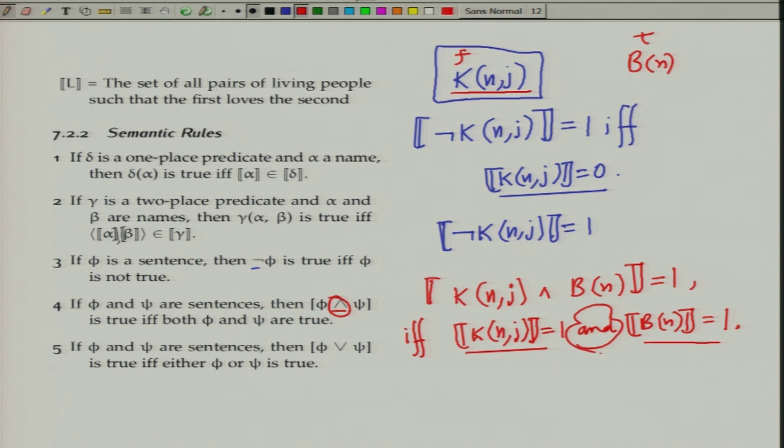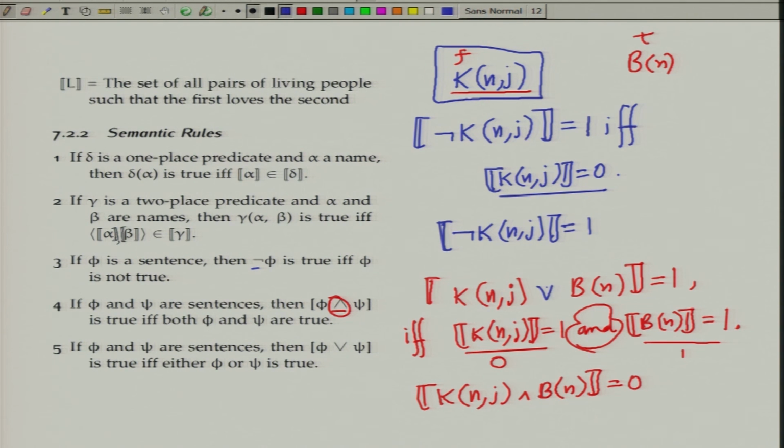We understand that it is not possible because this is a false sentence, although this is true. Because both conditions are not fulfilled, we must say that the truth value of this big sentence is 0.